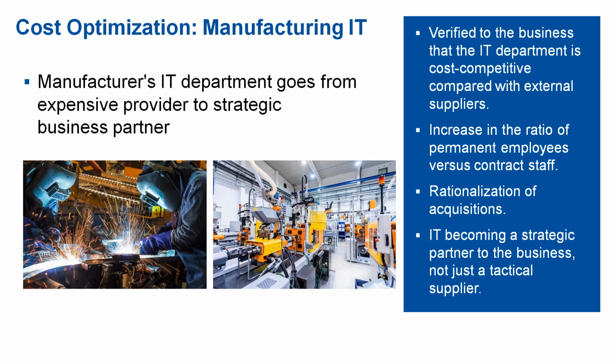But when it was verified to the business that the IT department is cost competitive compared with external suppliers, this particular manufacturer found out, after doing all the analytics and parameters, why the manufacturing statement said that IT is spending more.